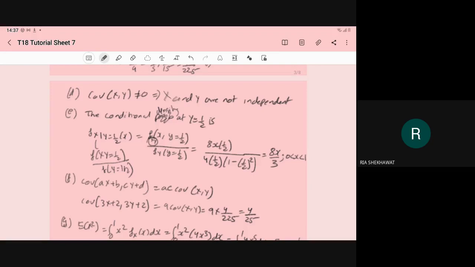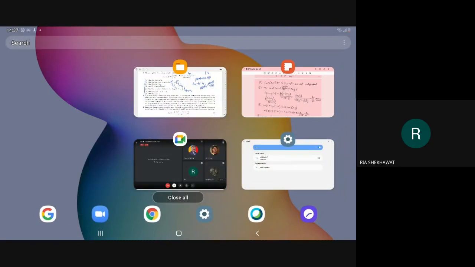The joint density is 8XY, and the marginal density for Y is 4Y into 1 minus Y square. Just put the value Y is equal to half everywhere. So you will get 8X by 3, and always when we write the function, you have to write the range: X from 0 to 1. In this way you can compute the conditional density from the given joint PDF or the marginal densities.